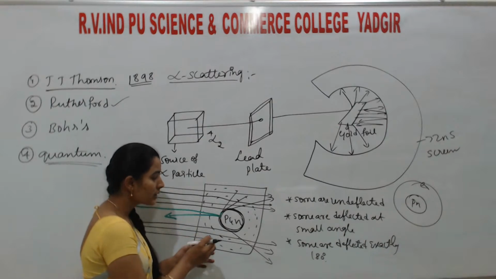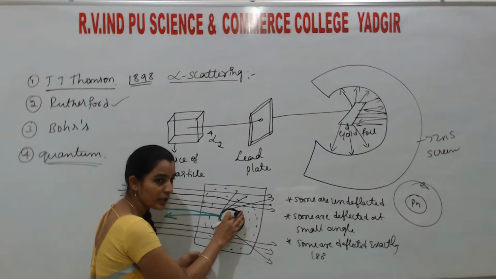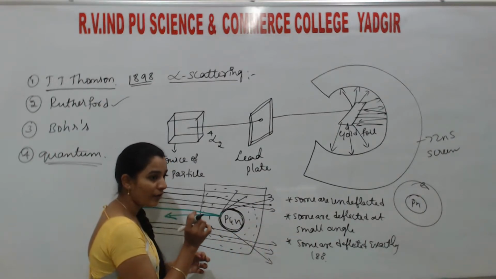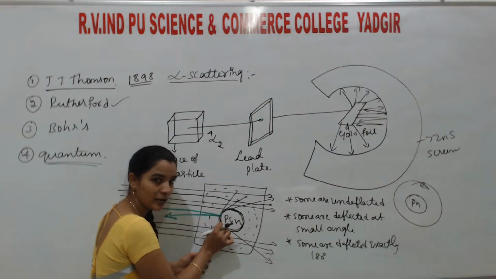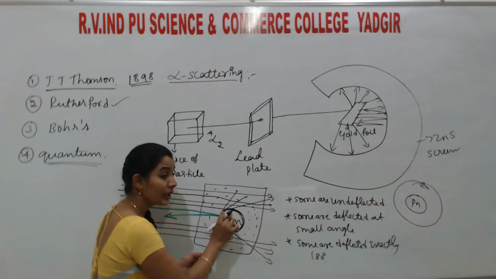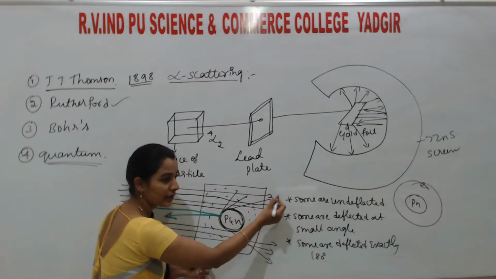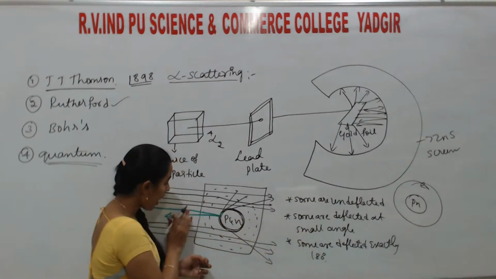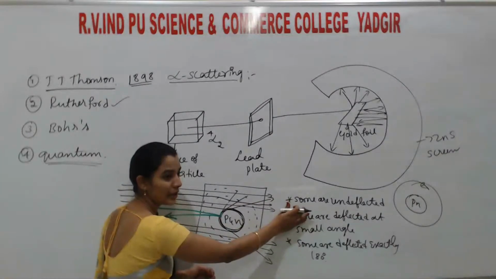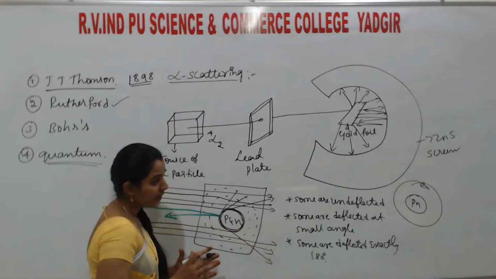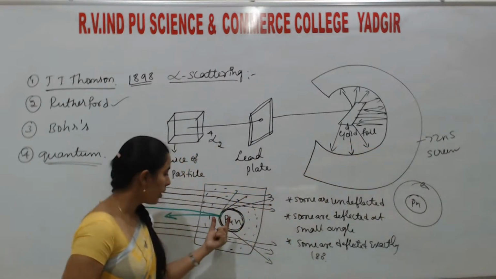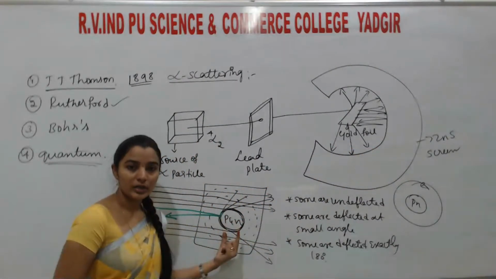If the alpha rays pass near the nucleus, they are deflected at a small angle. The alpha rays which move far away from the nucleus remain undeflected. So the variation in deflection is due to what? The presence of this nucleus.